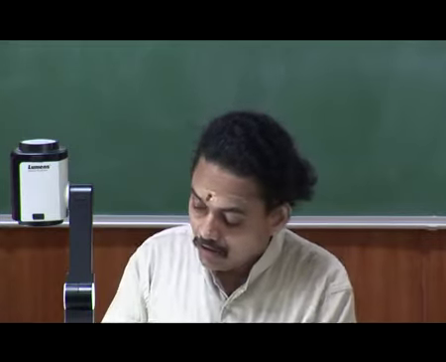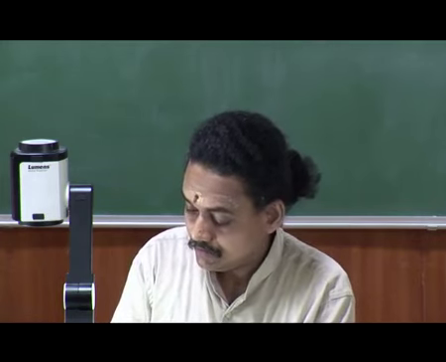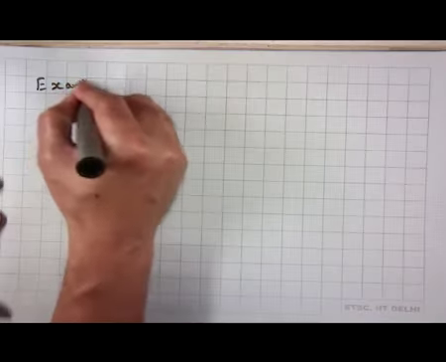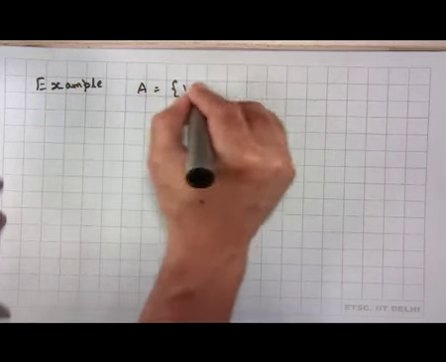Now, let us look at the same example, with the same set A: 1, 2, 3, 5.